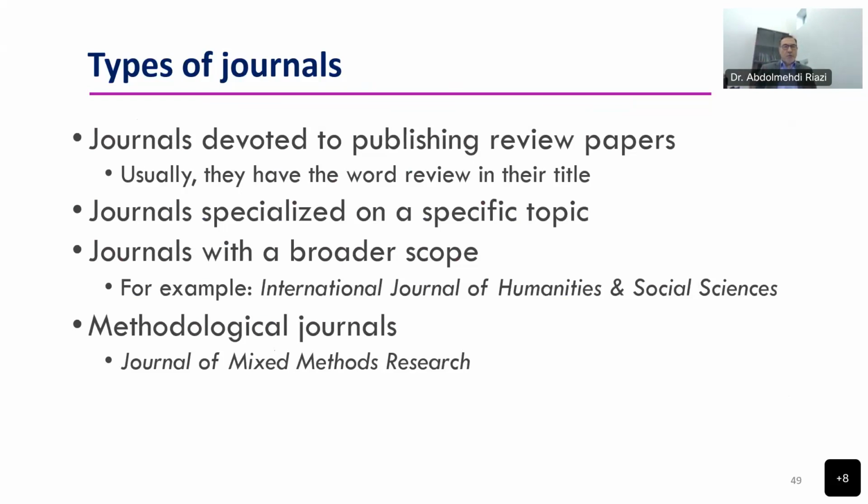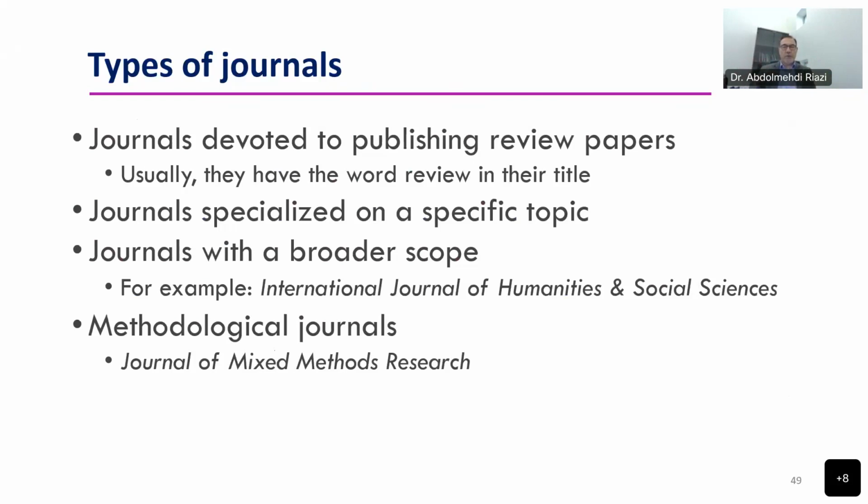The second type of journals are journals specialized on a specific topic. Although the broad scope of the journal is related to humanities and social sciences, they might focus on one particular area, and therefore they might focus on human crisis. They might focus on poverty.